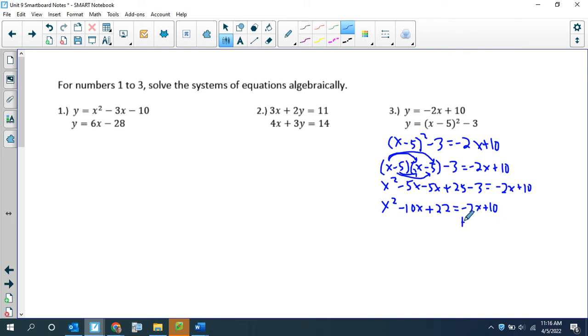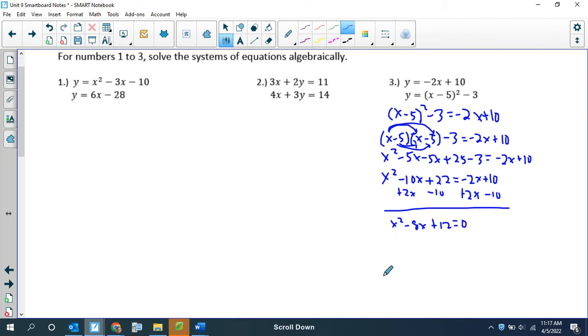So I'm going to add 2x and then subtract 10. So we get x squared minus 8x plus 12 equals 0. All right, from there, we're going to have to SAM factor that.